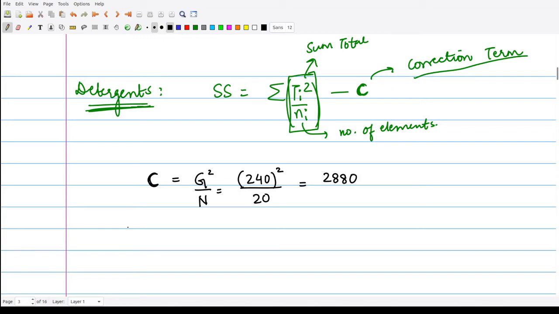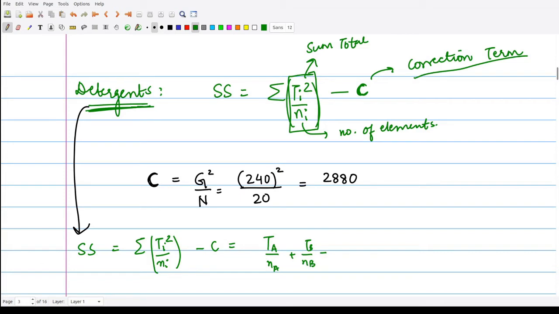Now according to C value, let us calculate this for detergents. SS for detergent would be summation Ti square divided by Ni minus C. So it would be Ta square by Na plus Tb square upon Nb plus Tc square upon Nc plus Td square upon Nd minus C, because we have in total 4 detergents.